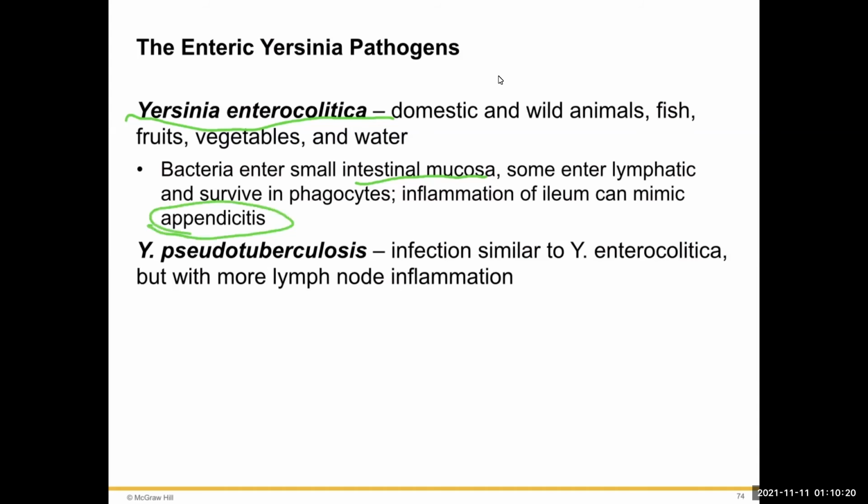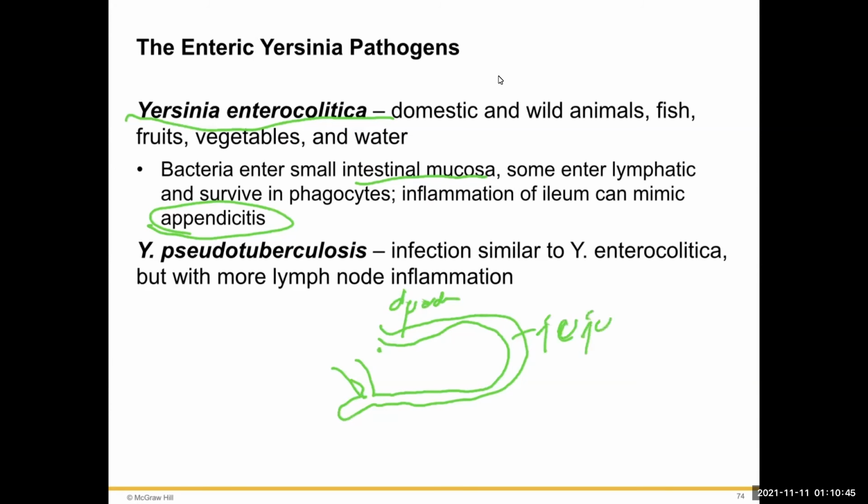Okay, because remember, the small intestine has the duodenum, jejunum, and the ileum. So your small intestine wraps around and then feeds into the large intestine. Remember, this is the duodenum. This is the jejunum. And this is the ileum.